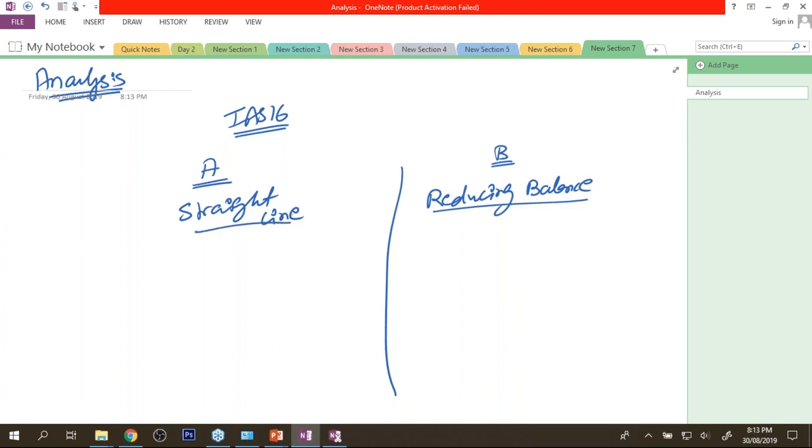Can you tell me what impact these methods are going to have on the analysis of the investor? This is a type of question which the examiner is going to ask: an analysis without actually asking for numerical values.